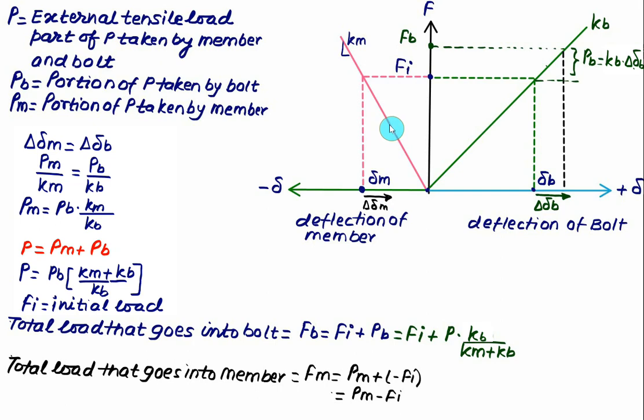If I project a perpendicular from this point, then I can look at the value on the graph. This vertical distance between the Fi and this line will be equal to PM. And so we have PM minus Fi as the force in the member, which represents the total load that goes into the member, which is a contribution of the initial load plus PM.